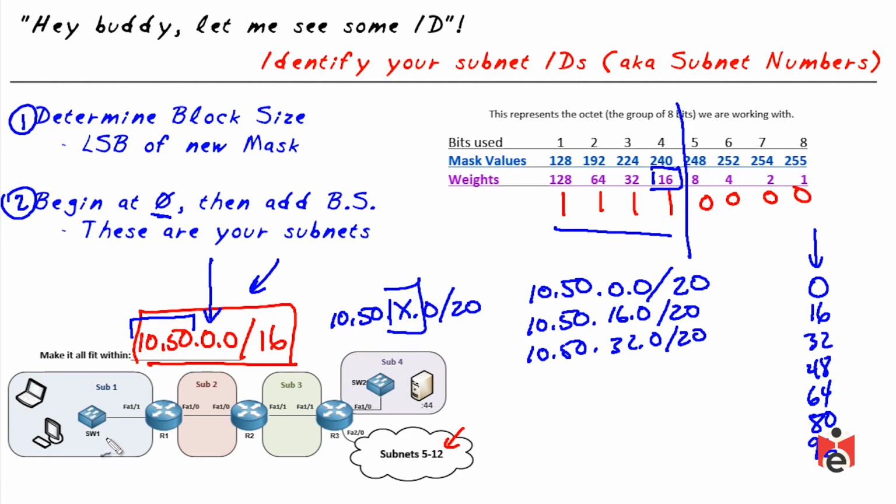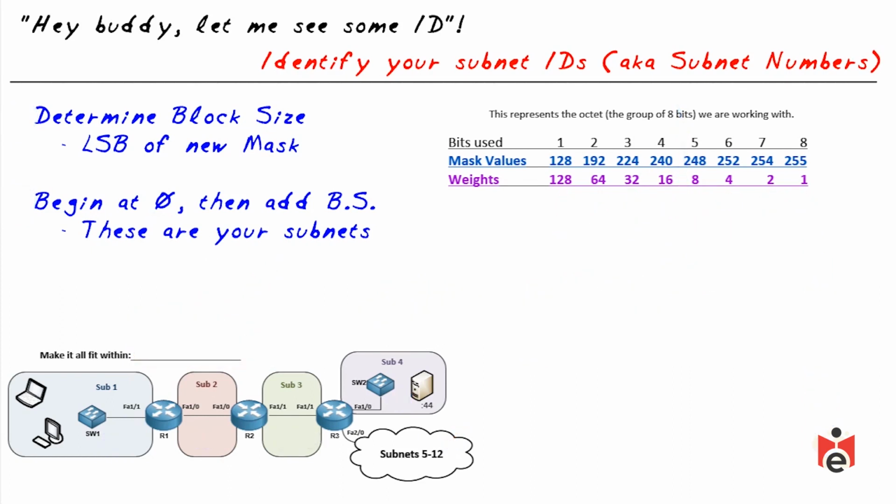For example, this is subnet 0, this is subnet 16, this is subnet 32, this is subnet 48, etc. And then somebody looking at the topology could say, oh, this is the network 10.50.0.0/20, this is network 10.50.16.0/20, and so forth.